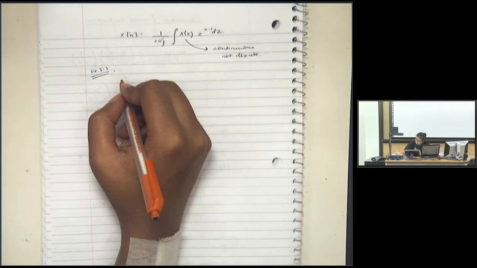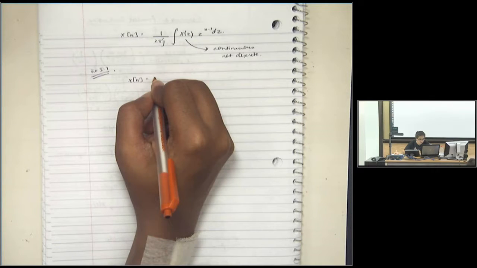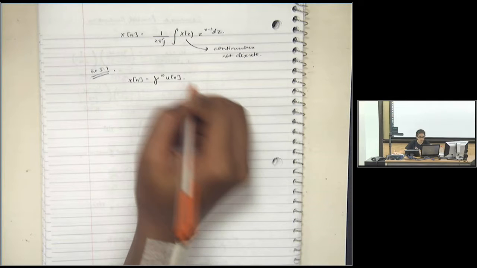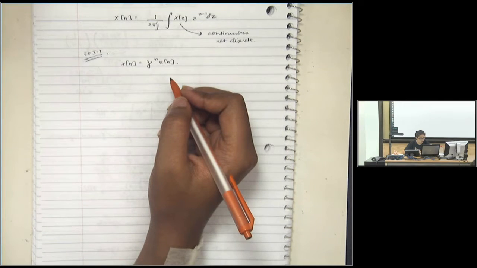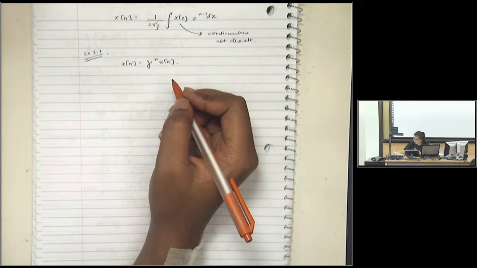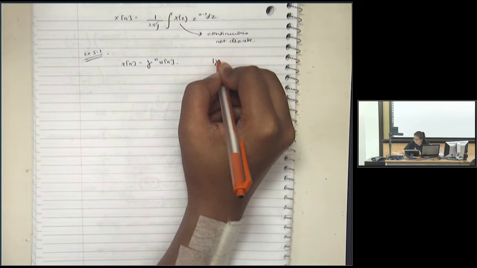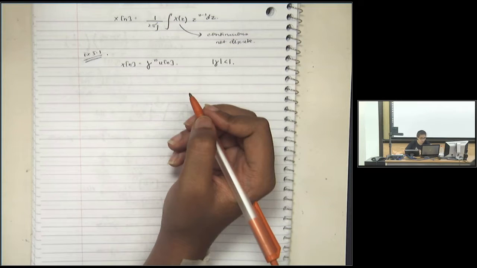Okay, so if it's given that x of n is gamma raised to power n u of n. Okay, so what does gamma look like? And gamma is less than 1. So the value of gamma is less than 1.